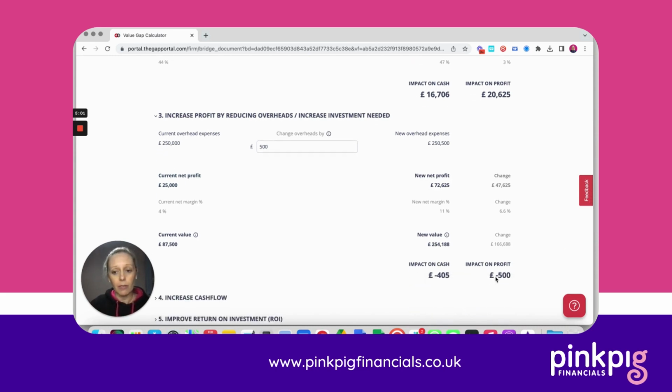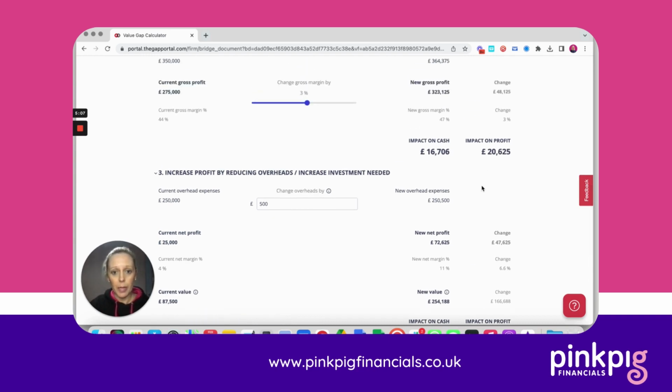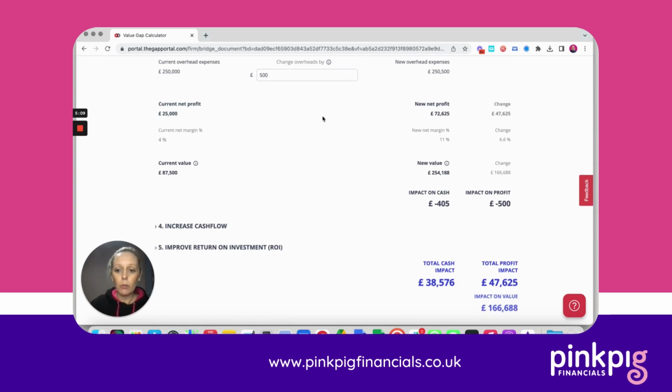So that will have an impact on your profit and your cash, obviously. But overall, you're still going to be up, because you've still got this total impact at the bottom of £47,000 extra profit, even with increasing your overheads by speaking to an accountant to have this sort of work done with you.